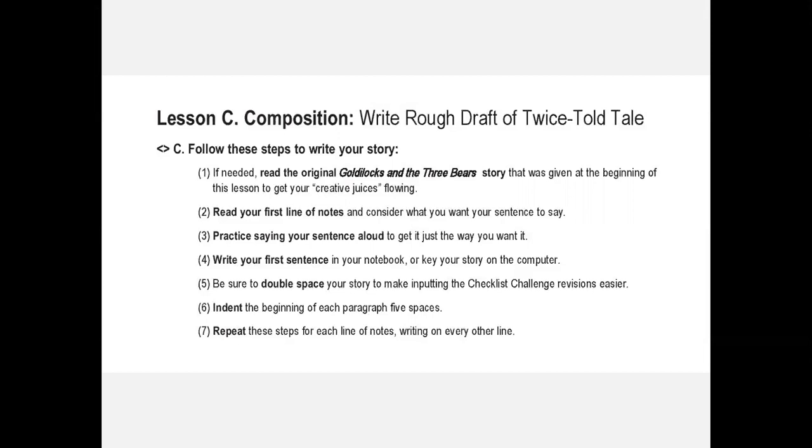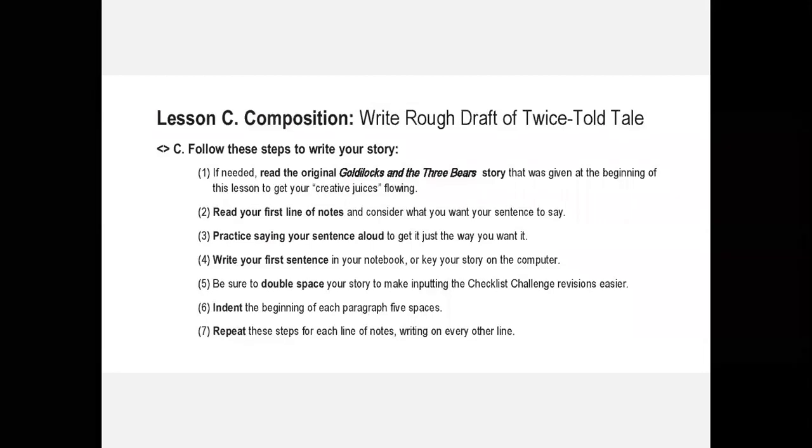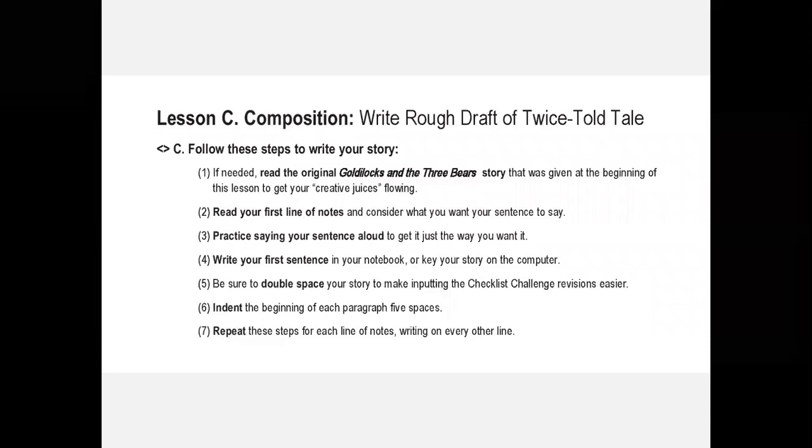They have chosen their paragraph or scene topics for each one. And then they transferred those over to their outlining lines and they have outlined their story. Now they're ready to write. So these are their instructions: practice saying their sentence out loud, write your first sentence in your notebook or type it, double space, and so forth.